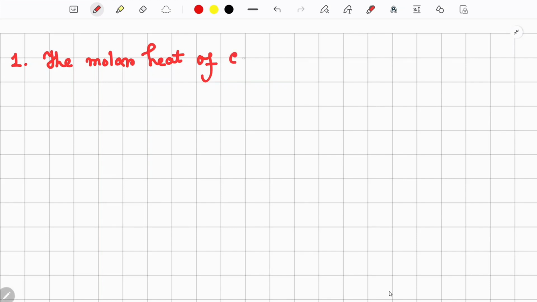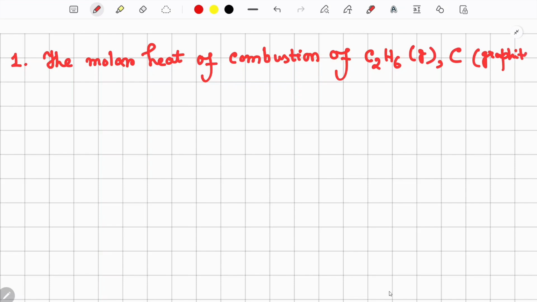The molar heat of combustion of C2H6, which is in gaseous form, carbon, which is graphite, and hydrogen gas, are these values of heat of combustion given.